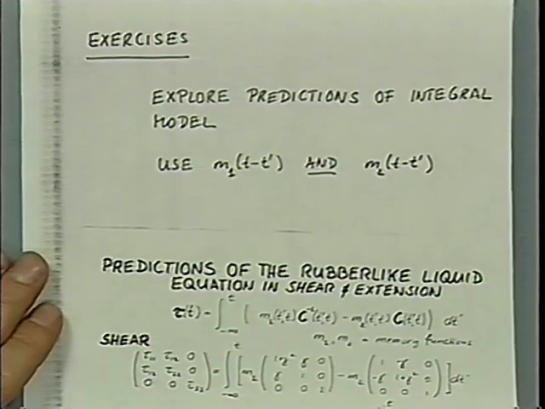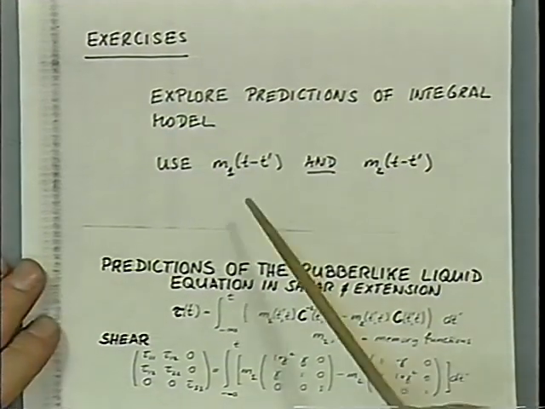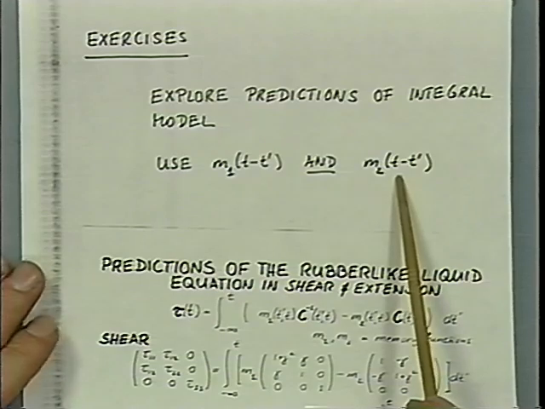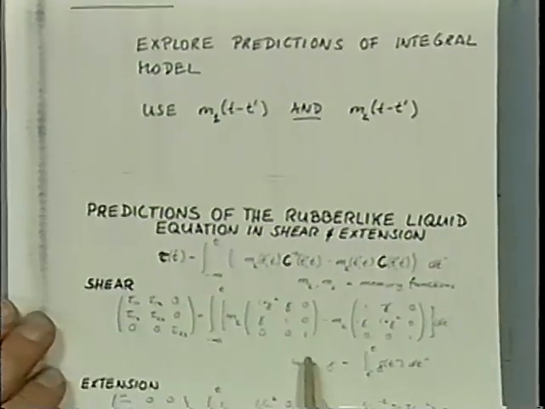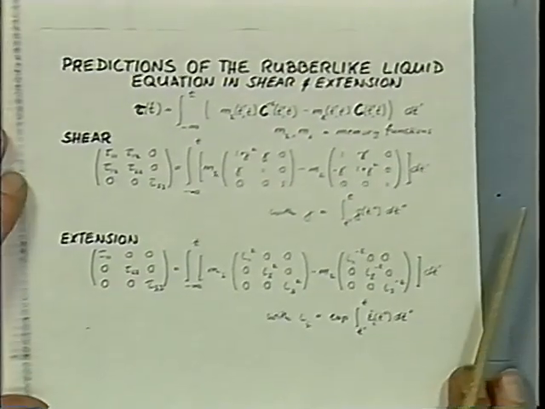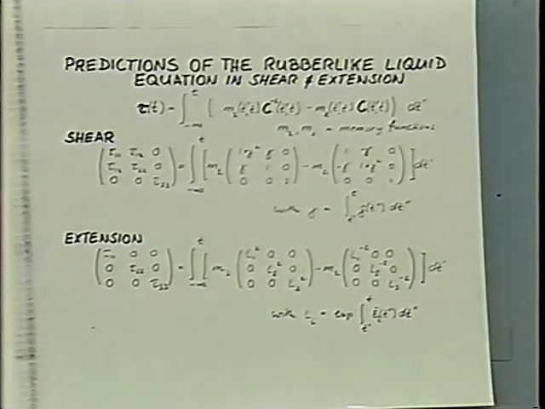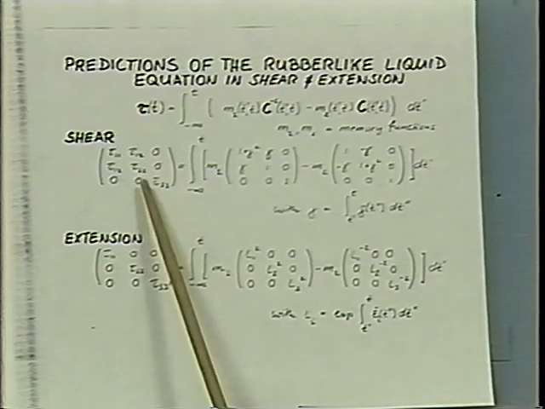I want to go through a few exercises to show the capabilities of that model. Now, in those exercises, we will include M1 and M2. So I'm not really staying strictly to the Lodge rubber-like liquid model. And we will look at the stress in shear.